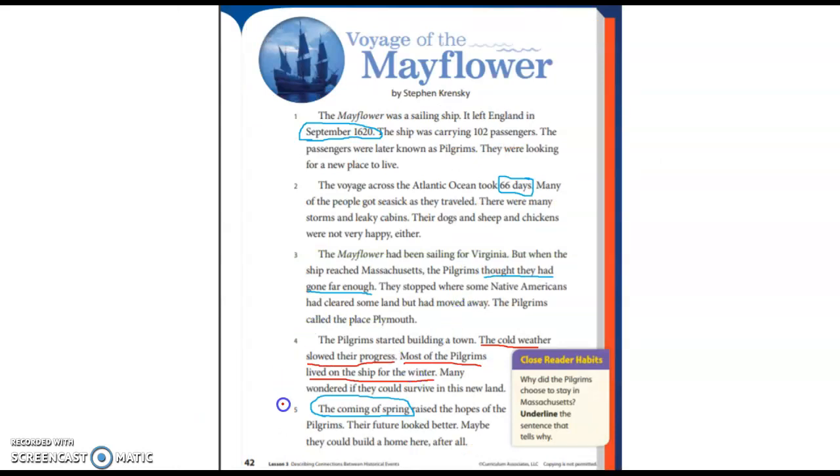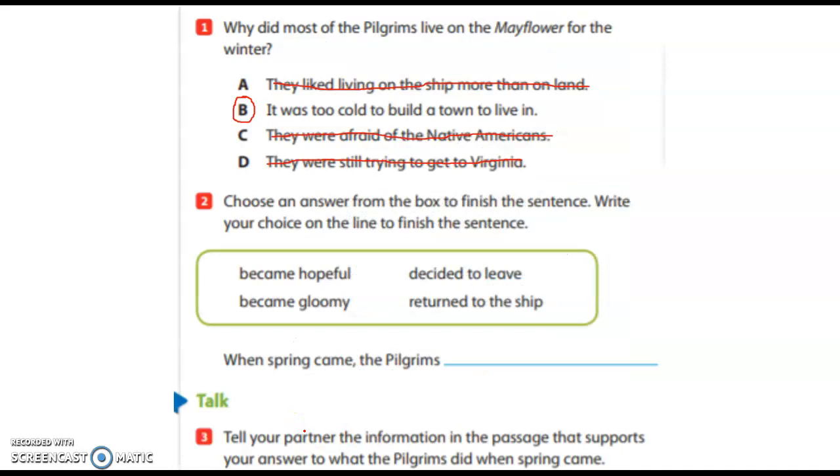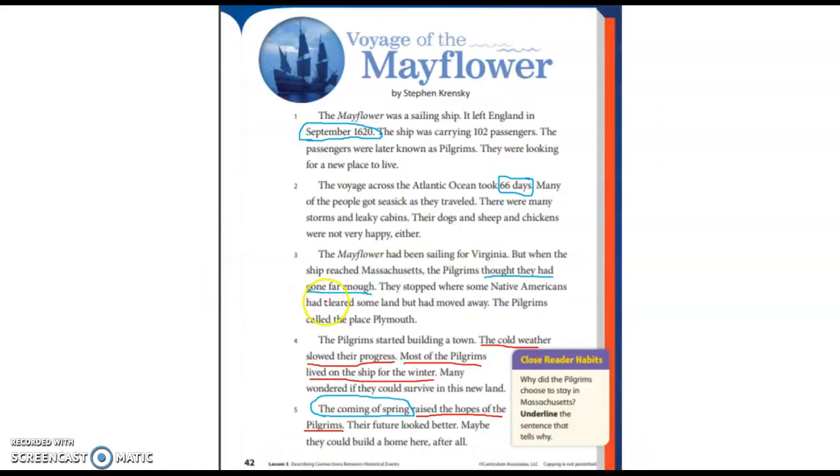Now, I know that I already circled my sequence words, so the coming of spring raised the hopes of the Pilgrims. So here's my text evidence right here that answers number 2. So when spring came, the Pilgrims became hopeful. Well, my text evidence does say raised the hopes of the Pilgrims.